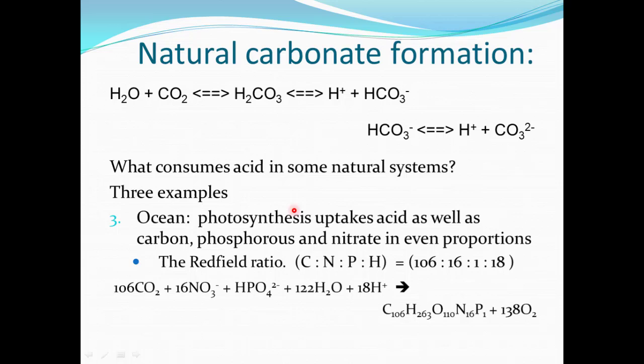So here's the reaction down here. 106, 16, one phosphorus atom there, water and acid going to algal carbohydrate and oxygen. So this is the photosynthesis that's uptaking the CO2, and it's doing that by consuming acid here.